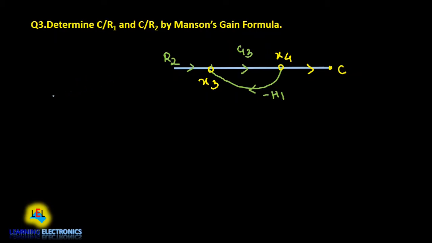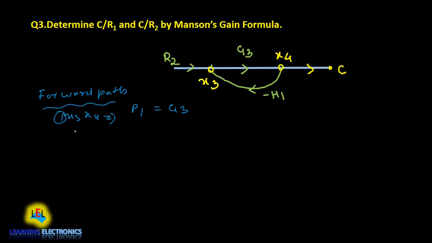Now what are the forward paths? Only one forward path is there, that is P1 is equal to G3 and the path is x3 x4.